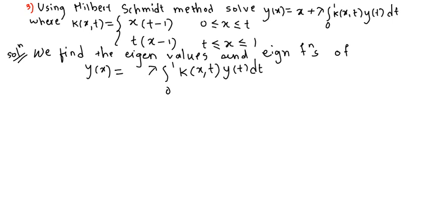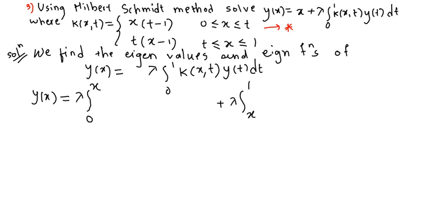Let me call this star. So we will have to write y(x). How do we write y(x)? y(x) is equal to lambda times the integral from 0 to x, plus lambda times the integral from x to 1. So we split the kernel in this way.